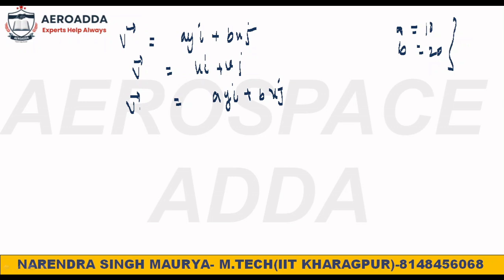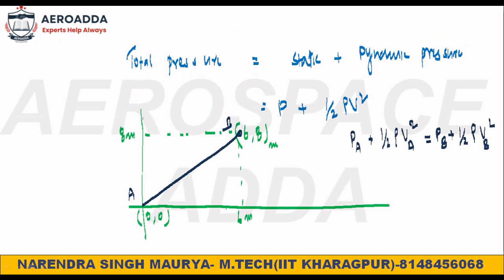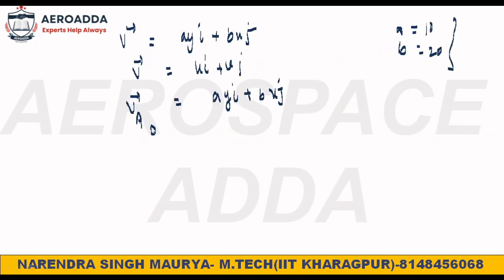You will be satisfied with the point first. You are going to calculate for A. A is the point which is nothing but at what point? See, A is 0 0. Please check it. So A is a constant 10, y is 0, i, plus B is a constant 20, x is 0, j. Ultimately, velocity at A, if you find the resultant, it will be 0 only.